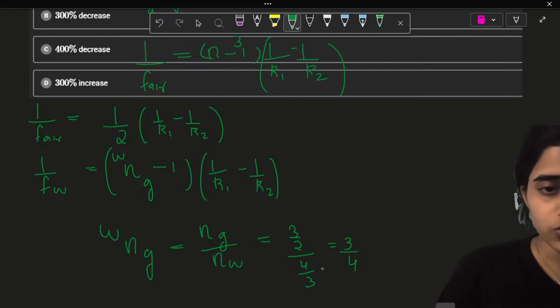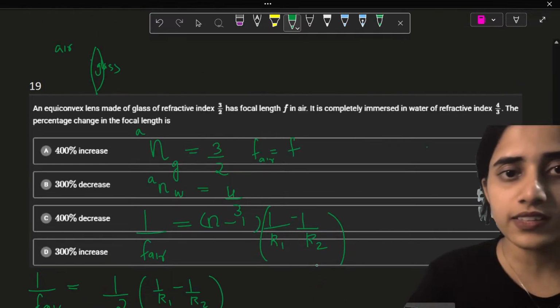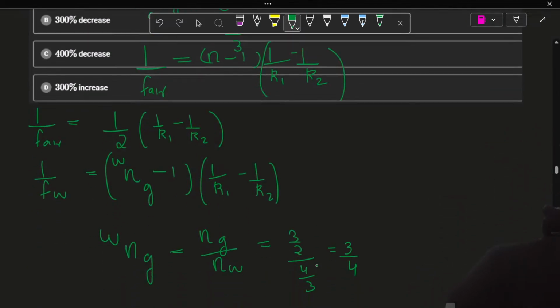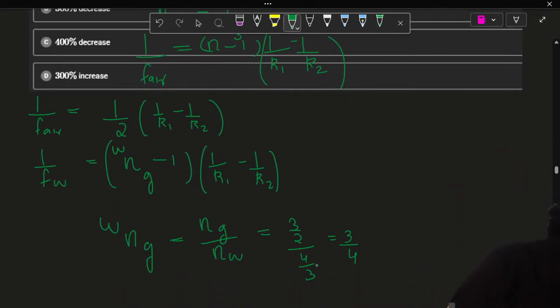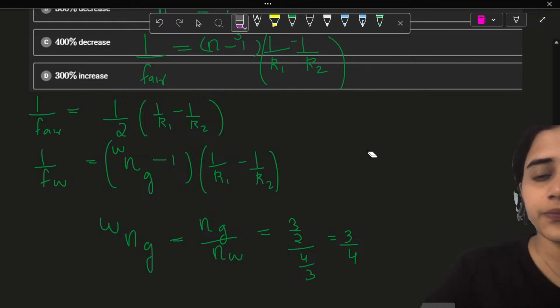Right? No. 3 by 2 and 4 by 3. Yes, 3 by 2 and 4 by 3.